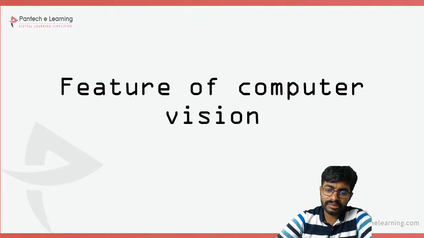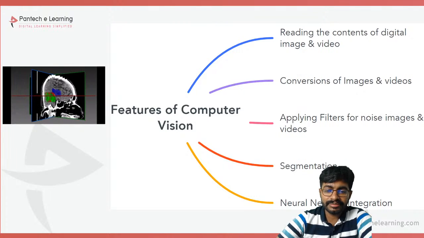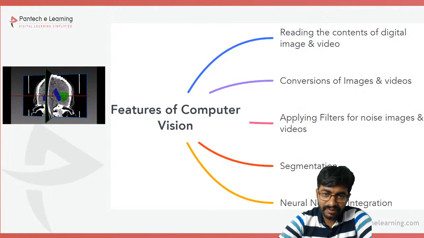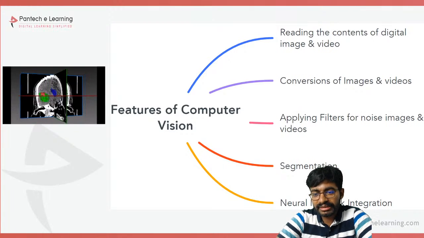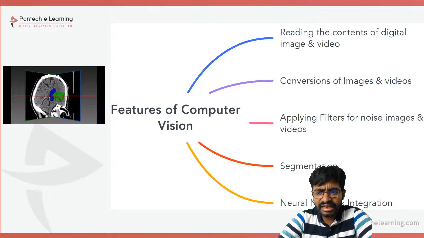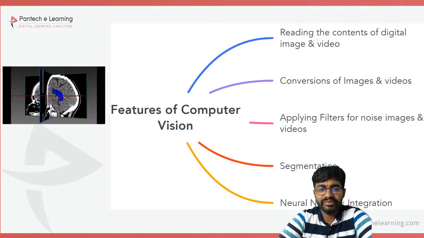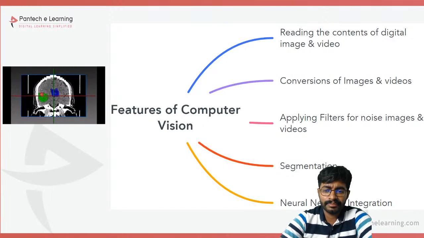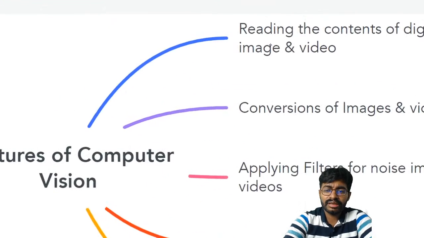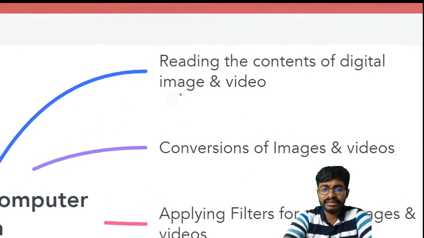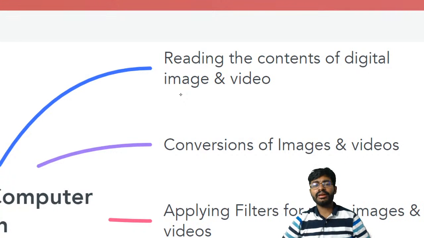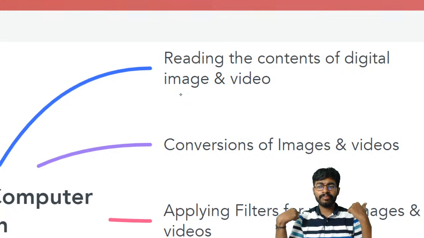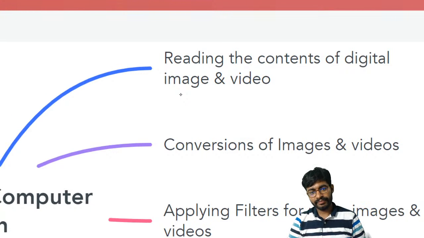So what are the features of computer vision? If we start with the features, we have only some limited requirements. Those requirements are reading the contents of digital images and video. What is reading the content? Whenever we provide some data, for example, here it is taking my video into the live.